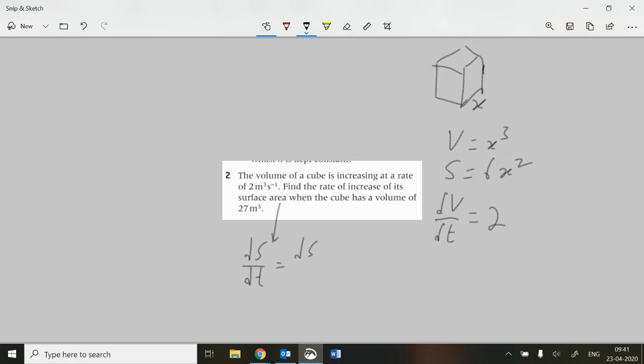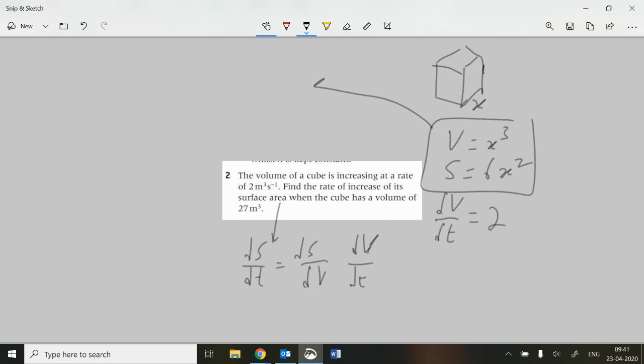Now let's just split up dS and dt. Okay, and well, we can see we've got dV/dt over here. So that's going to go in there. So that means that we're going to need a dV here as well. Now, in order to work out dS/dV, we need a formula for S in terms of V. So we need to combine these two formulas here.